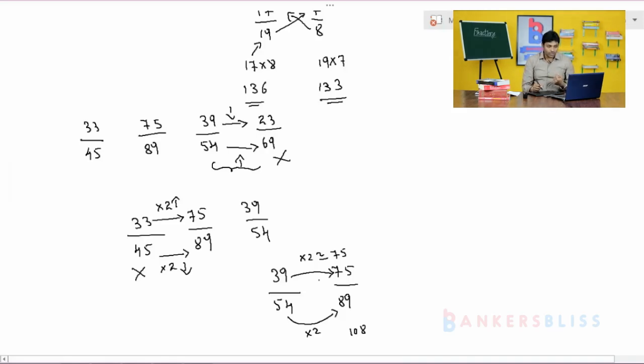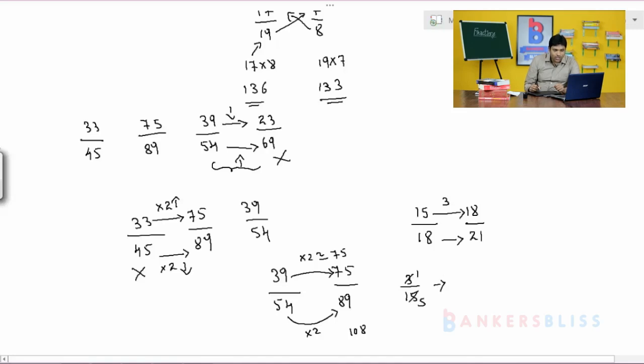One more concept is there. See here, 15 by 18 is one fraction, next 18 by 21 is one more fraction. Here both are increased by less than twice. So how much is it increased? 3 by 15, that is 3 ones are 3, 3 fives are 15, so the numerator is increased by 20%.